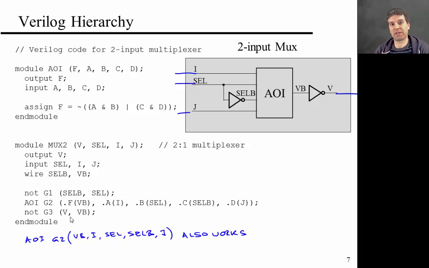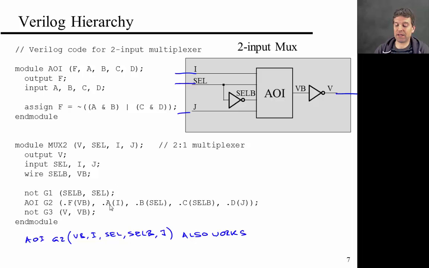The advantage of using this notation up here, which actually looks more cumbersome, is that position doesn't matter. What you're saying with this statement is that in the position of the variable that in the module definition is called F, you're going to place VB.